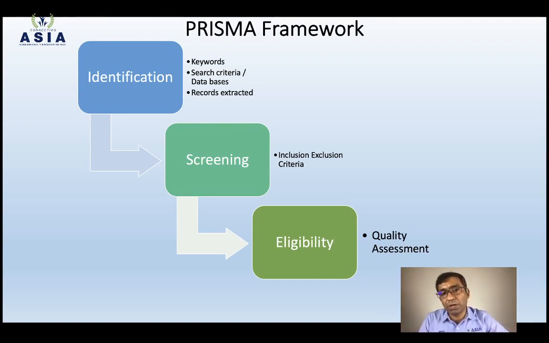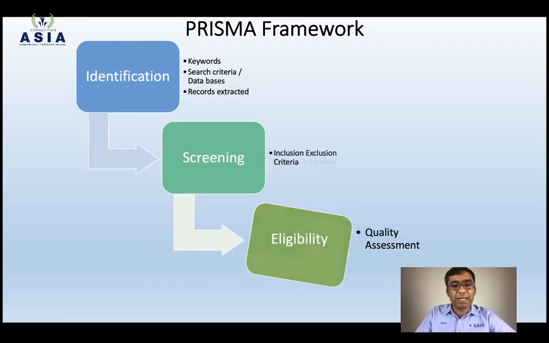So I need to combine them and create only one sheet. All of them should be recorded and converted into one Excel sheet, then we remove duplicates, utilize all the quality assessment and eligibility criteria, and finalize our final records.